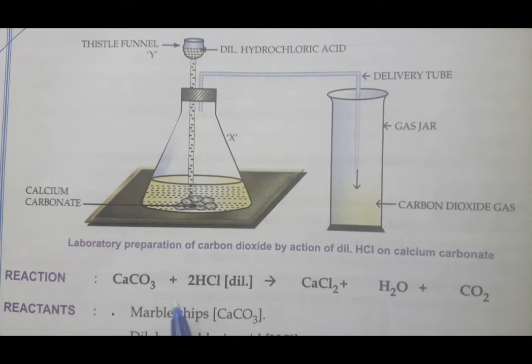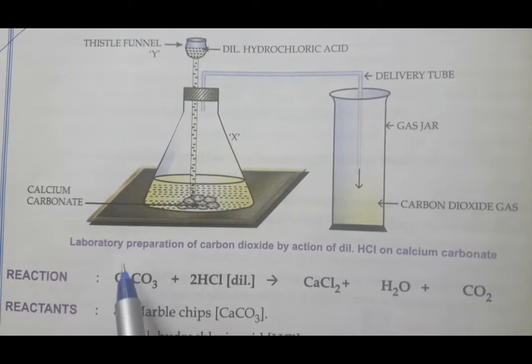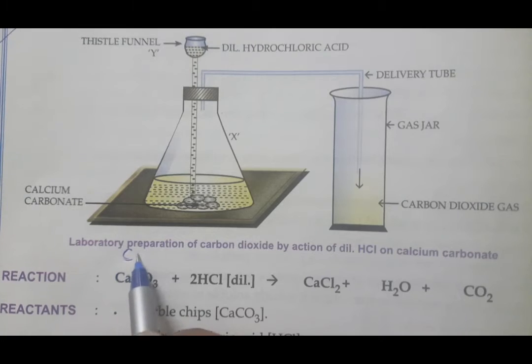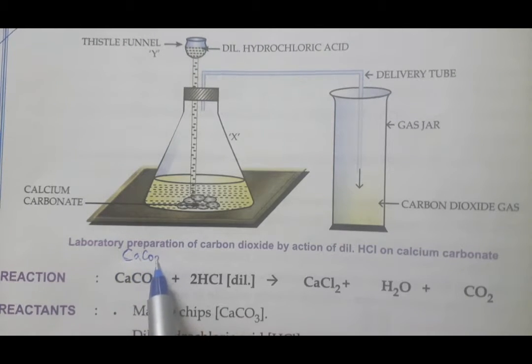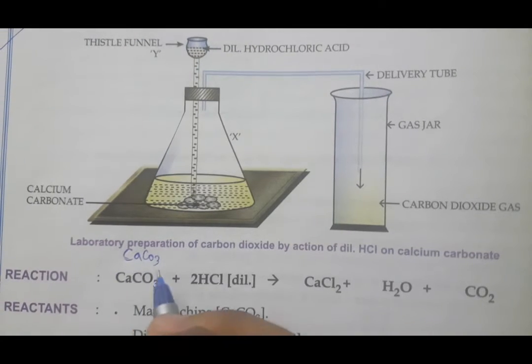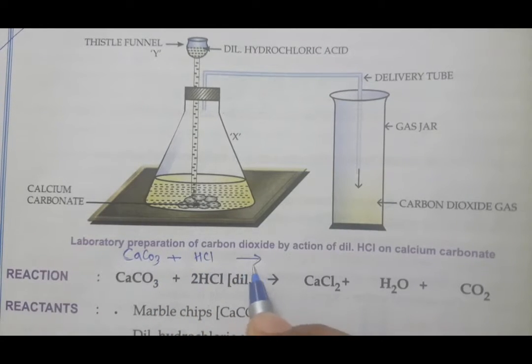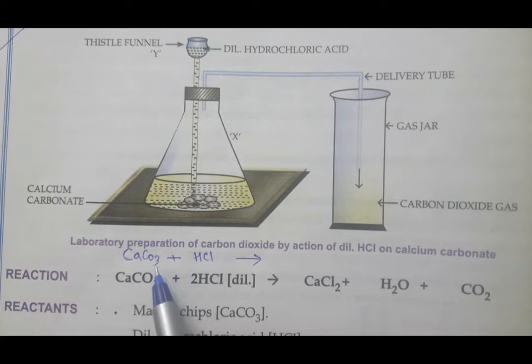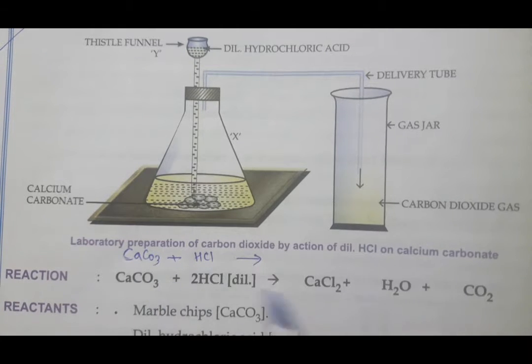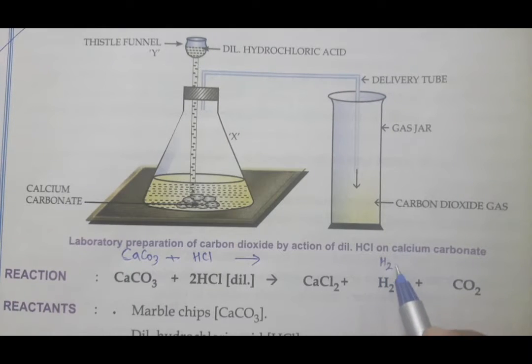Now let us see how to frame this equation properly. You all know the formula of calcium carbonate is CaCO3. You are reacting it with dilute HCl, that is hydrochloric acid. I have told you in my previous class, whenever there is a carbonate, CO3 means carbonate, you always get water and carbon dioxide gas.